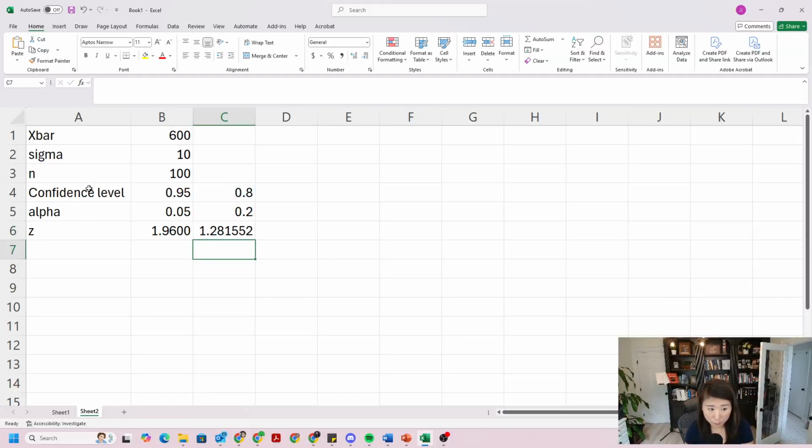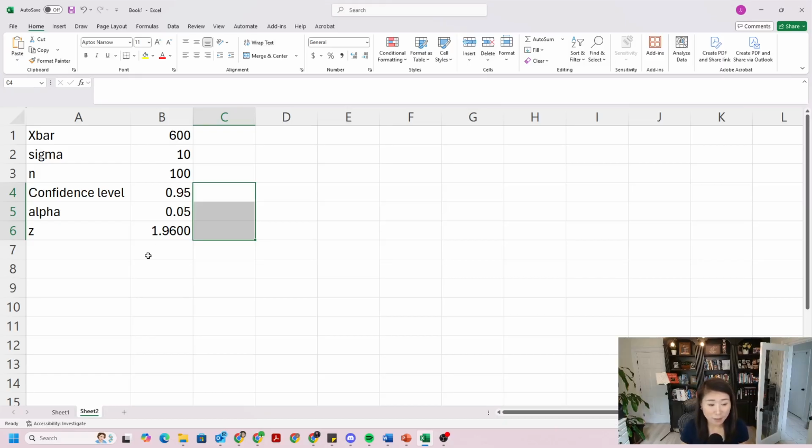So if you are looking for an 80% confidence level, the z statistic value will become 1.28, instead of 1.96. Okay, I'm going to delete this because we're going to use the 95% confidence interval. I don't want to confuse you.